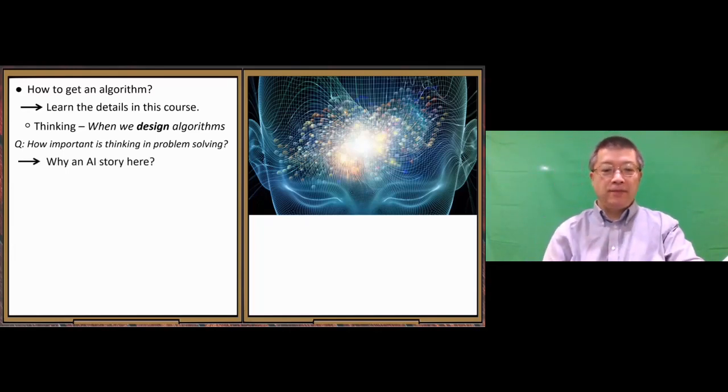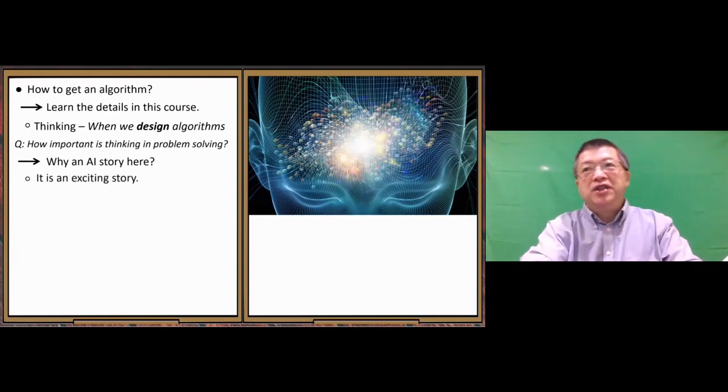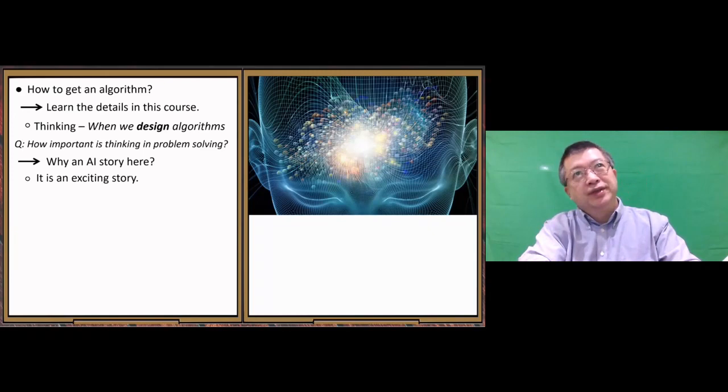Why do we use an AI story here? In our previous video, we showed the AI success story in the chess game. Now, here is another interesting AI story, an exciting story, so big that we should know it.